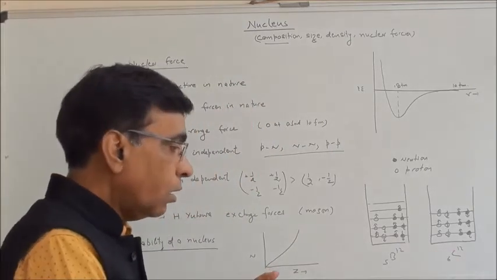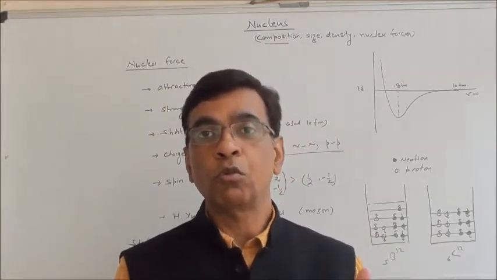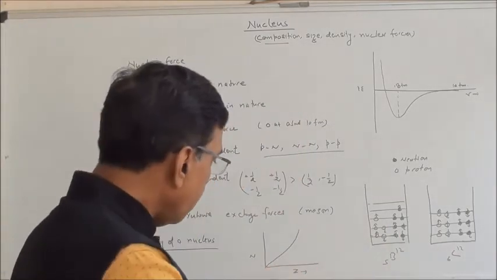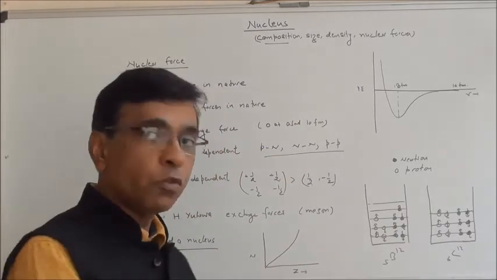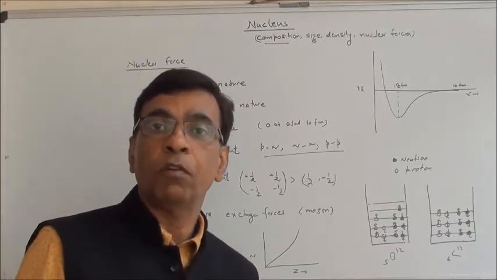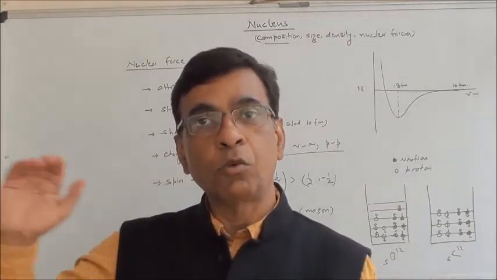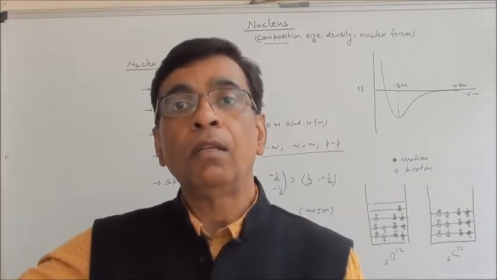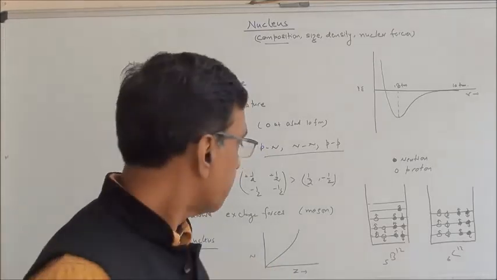So these nucleons have a tendency to pair up: 2 neutrons, 2 protons, they pair up. In lighter nuclei, it has been observed that all those which are stable have an equal number of neutrons and protons. So I can say 2He4, 6C12, 8O16 are more stable than their neighbors.